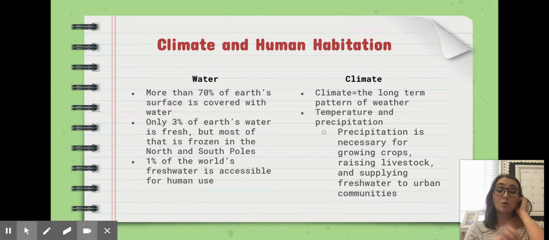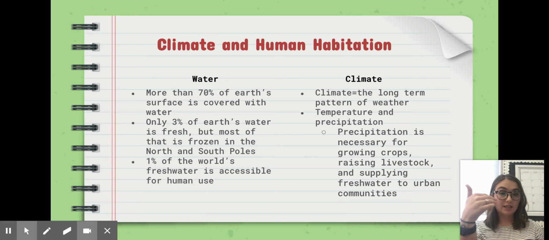So that leaves 1% of the world's fresh water accessible for human use. So 1% of the Earth's water can be used by humans. Only 1%. So obviously, people are going to gravitate towards that fresh water. That's where they're going to want to live.